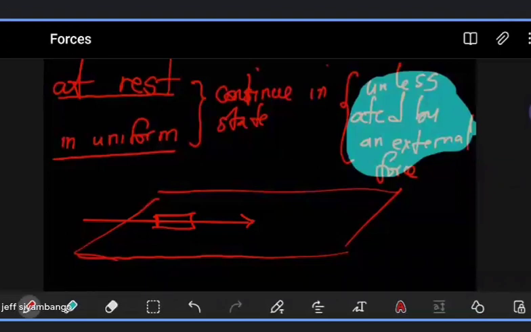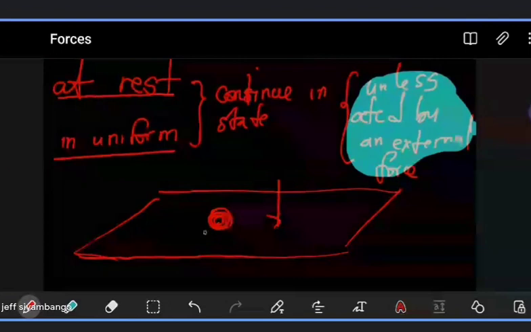The only way it would stop is if you had some disturbance somewhere here, so that it comes to bash into that disturbance. So this would create the external force that would force your object to stop. In fact, if your car is being driven on a very smooth road, and it was moving already, and then you try to apply the brakes, the wheels would just start spinning, but the car will keep on going.